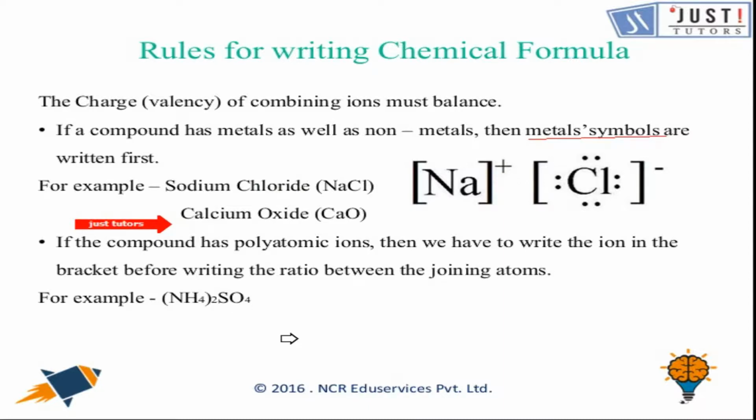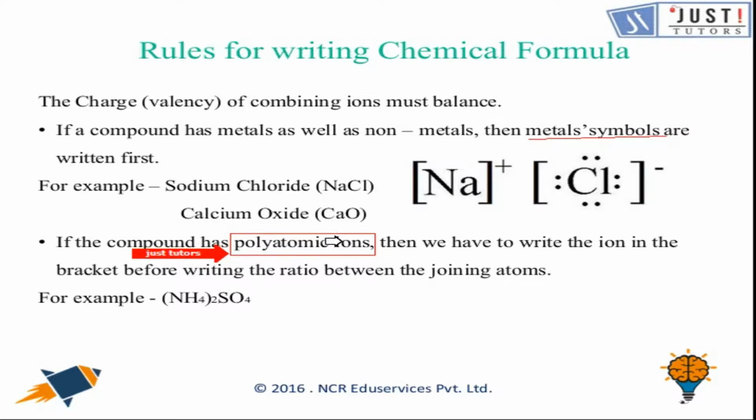If the compound has a polyatomic ion, then we have to write the ion in brackets before writing the ratio between the joining atoms. A polyatomic ion is a group of two or more atoms that are bonded together and behave as an ion.